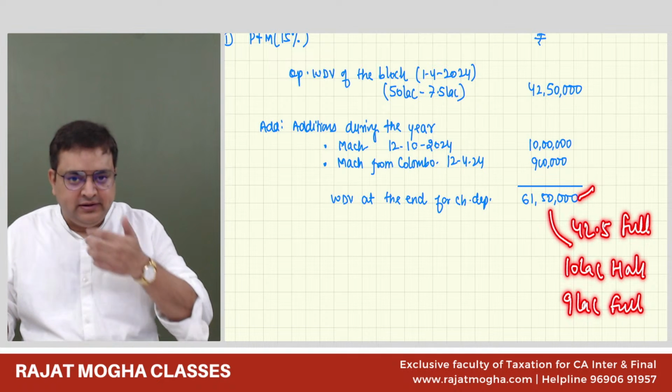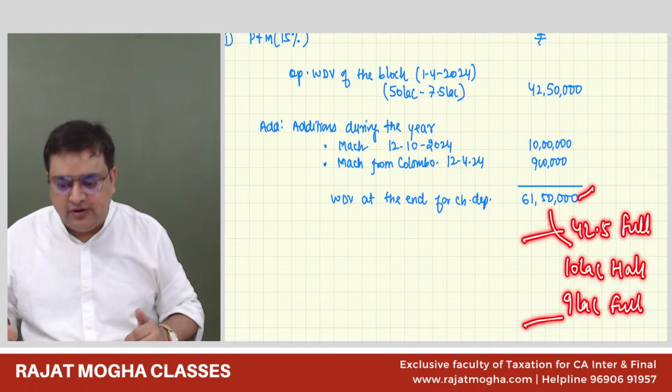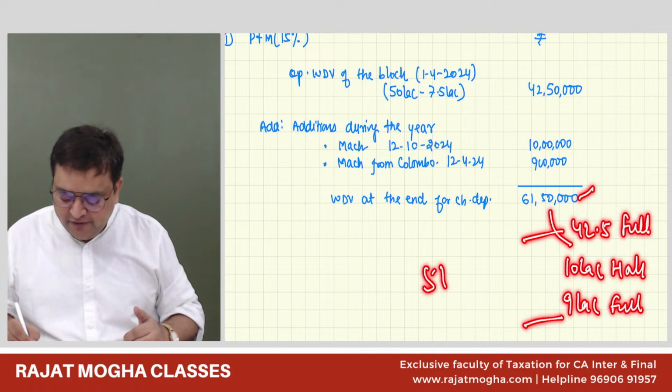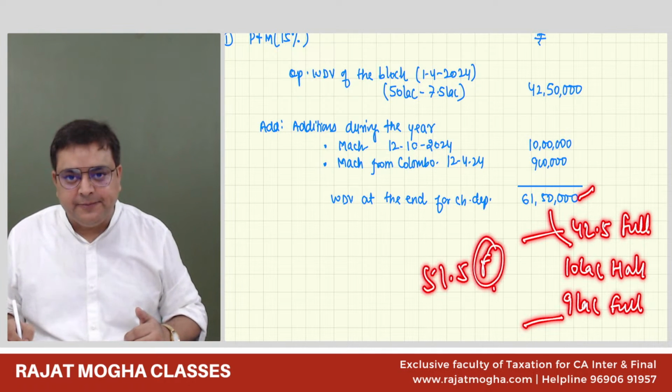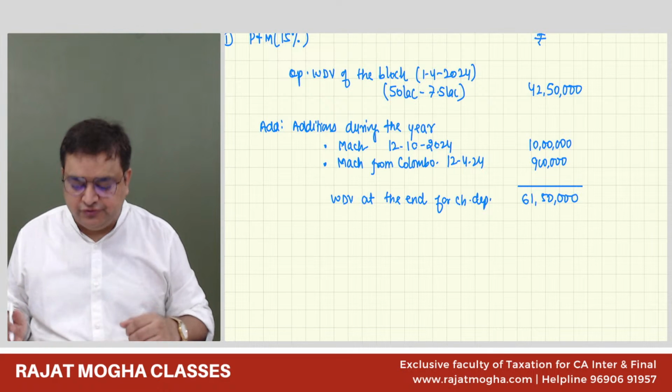Since on 42.5 it is full and on 9 lakh it is full, I can say that on 51.5 lakh it is full, and on 10 lakh it would be half. Everybody okay with this? This is how you should do it.